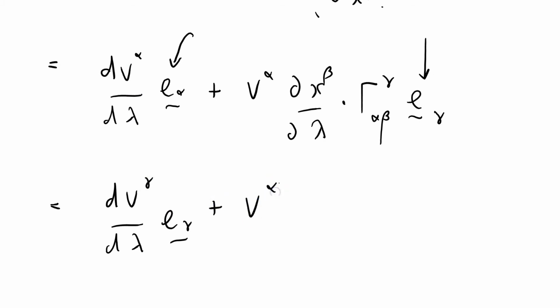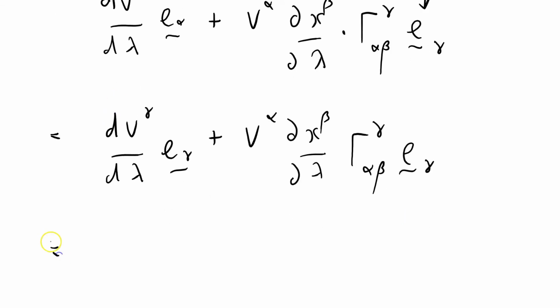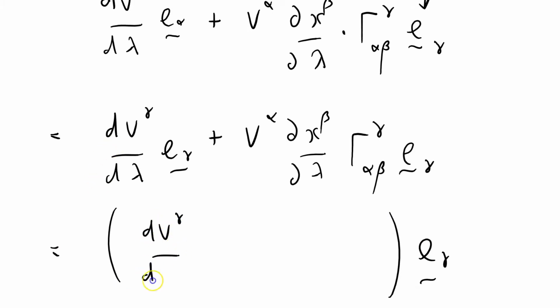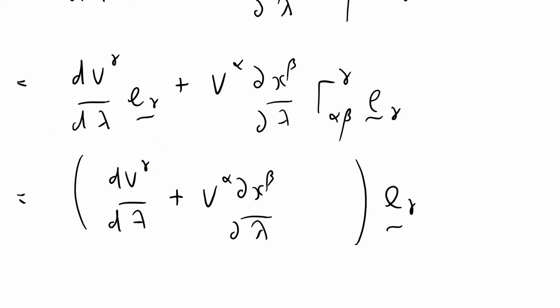And now I can leave this guy here because I want to factorize. Gamma alpha beta, basis vector gamma, equals e gamma. Now I'm going to factorize it, and we've got, no, that's a straight d, plus v alpha dx beta by d lambda, Christoffel symbol, no, it's a gamma because it's contracted on that thing there, alpha beta.